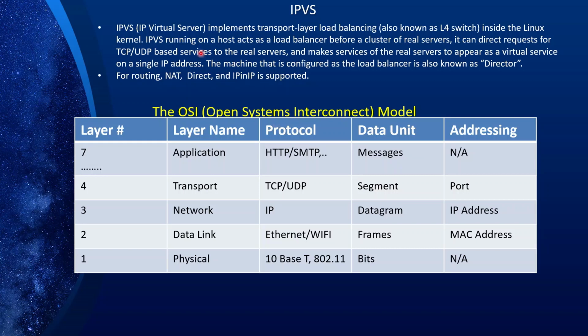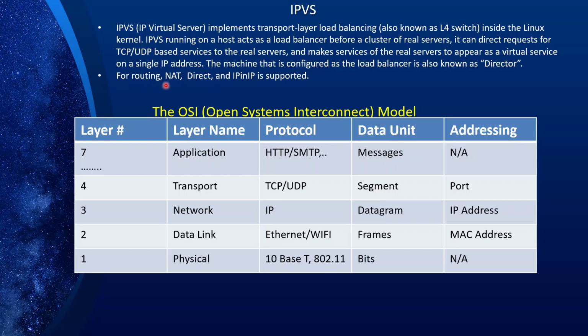So basically what we do is set up ipvs on a host, and that acts as a load balancer that sits between the clients and the servers, and the clients really don't know anything about the backend servers. They call into the virtual IP address that we set up on the ipvs, and then requests are sent on their behalf to the backend servers. Also, the machine that is configured as a load balancer is known as a director. So if you're reading the documentation and they talk about a director, they're really talking about the load balancer.